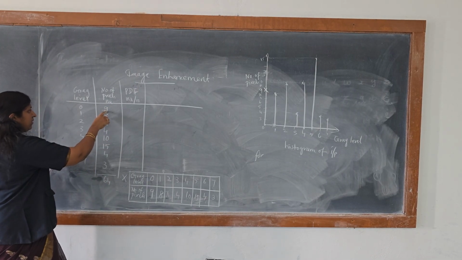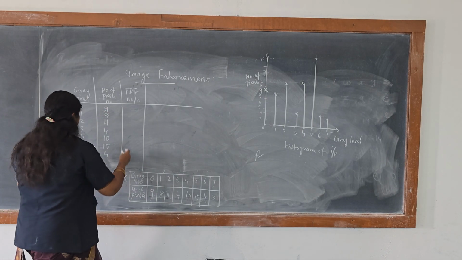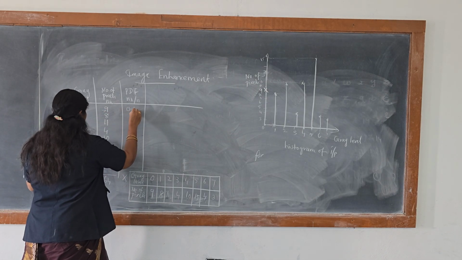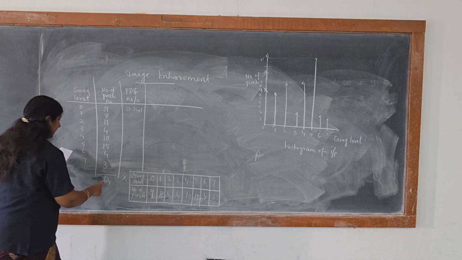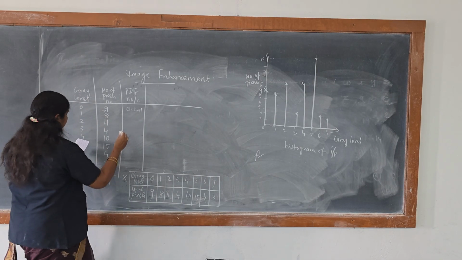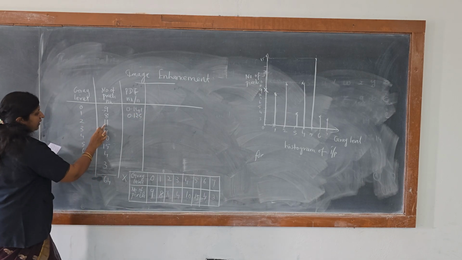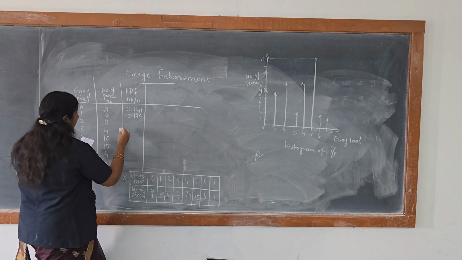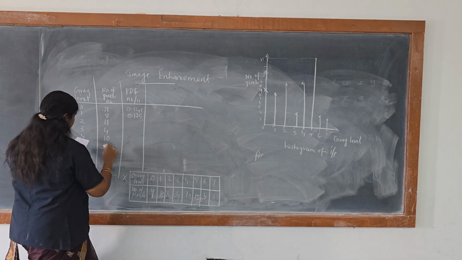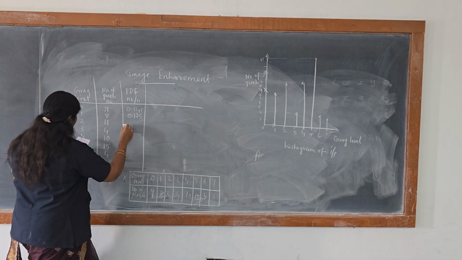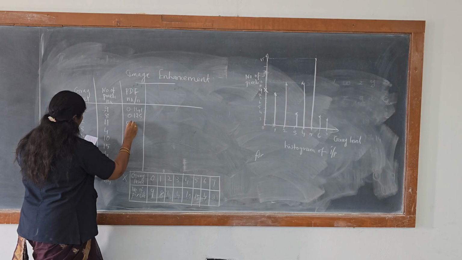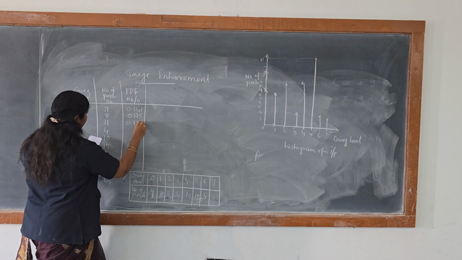Okay. So first, 9 divided by 64, you will get 0.141. And the second value, 8 divided by 64, you will get 0.125. And the third one, 11 divided by 64, you can use a calculator, you will get 0.172.